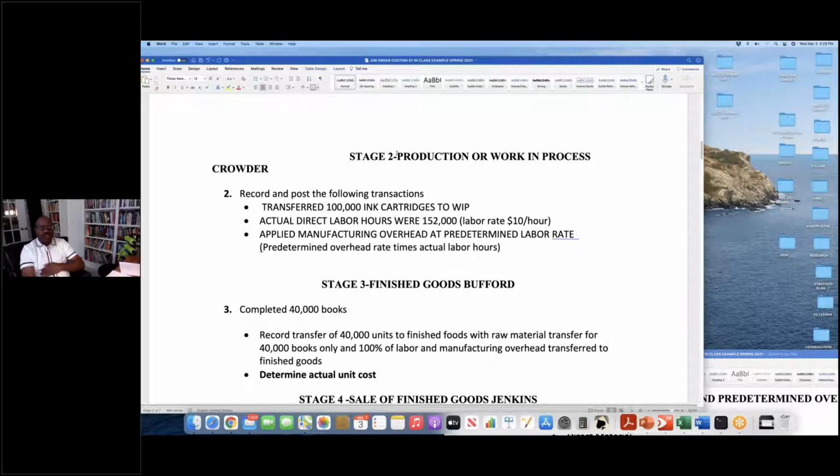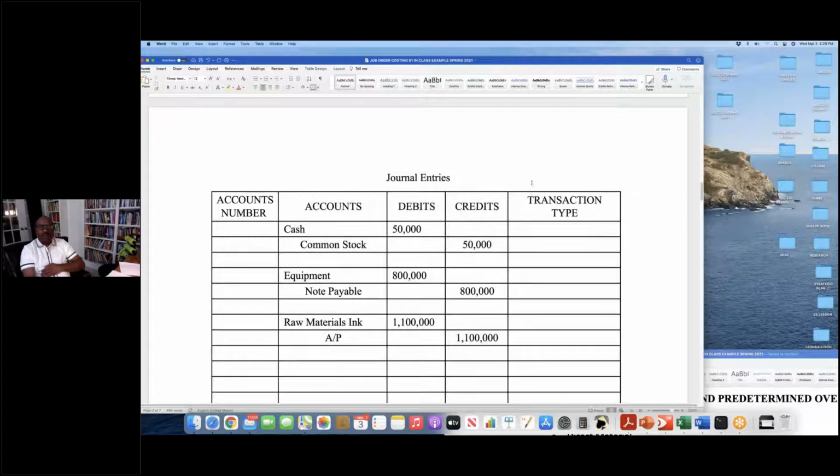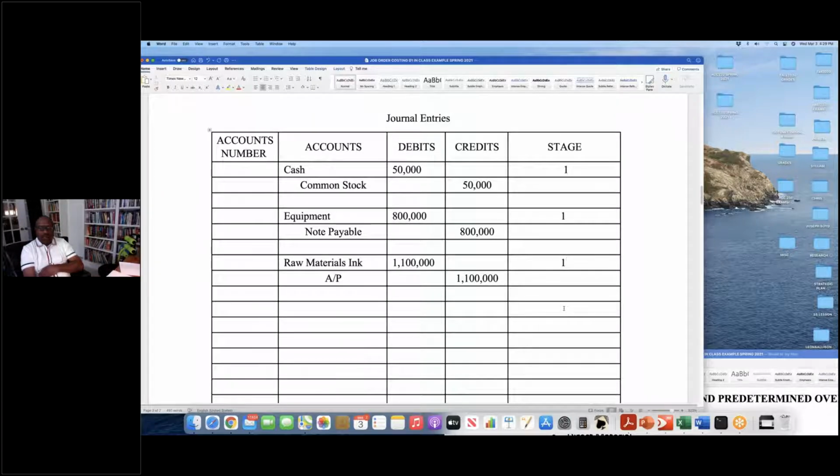So we're in stage 2, what's our first journal entry? Stage 2 is the work in process with the raw materials. So work in process, that's a new journal entry, right? And raw materials.